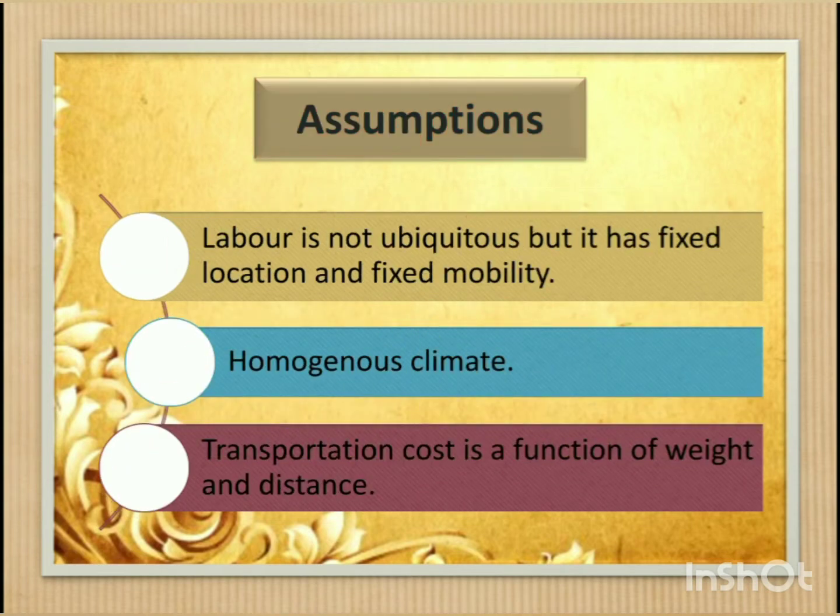And labor is not ubiquitous, but it has fixed location and fixed mobility and homogeneous climate. Transportation cost is a function of weight and distance. So the working of this theory is based on these assumptions.